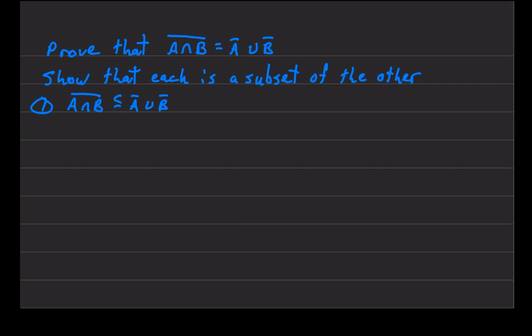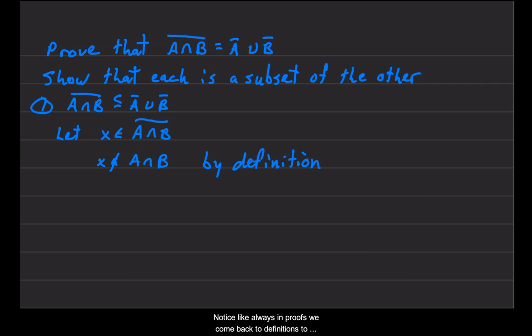That'll be first. So to start this out, we'll let X be in the A intersect B complement. And that means, by the definition, that X is not in the intersection of A and B. Notice, like always in proofs, we come back to definitions to start things off.